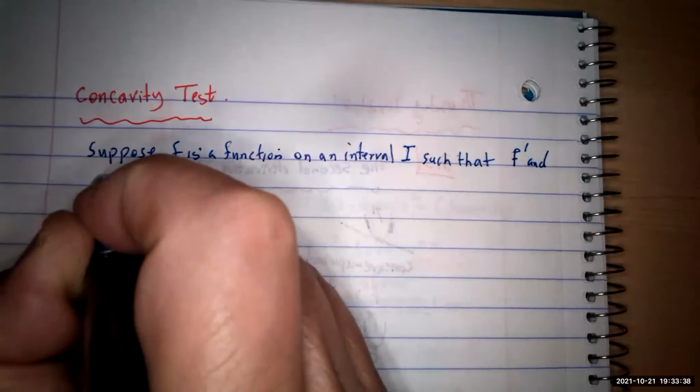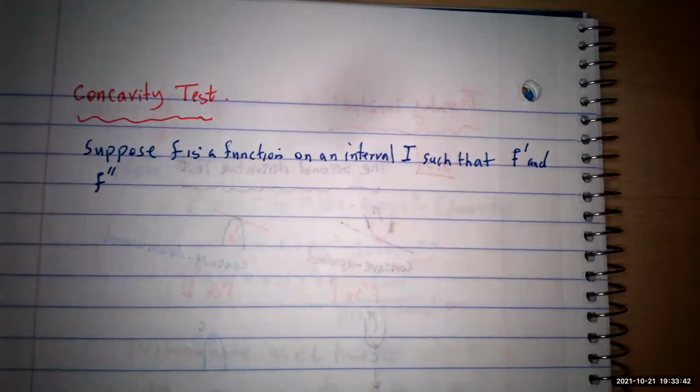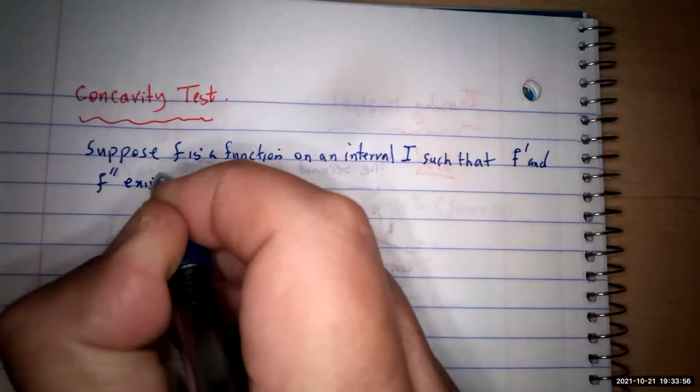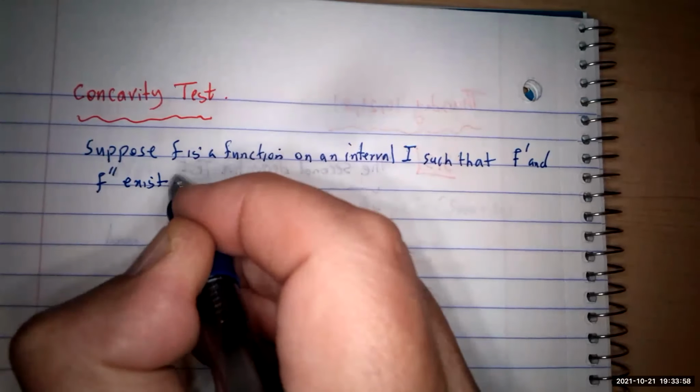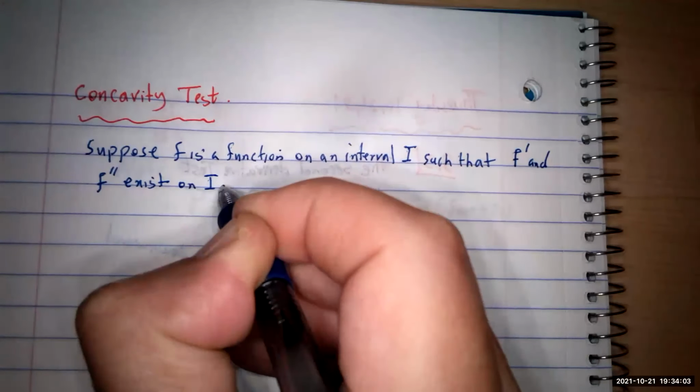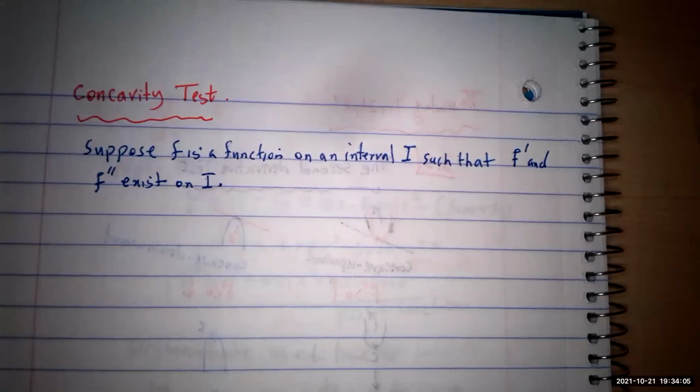Remember we talked about this one before? This means you differentiate once, you get f prime, and you find the derivative of f prime, so that you get f double prime. So suppose f is a function on the interval I such that f prime and f double prime both exist on I, because you need to make sure that you are able to find f double prime, otherwise you can't do it.